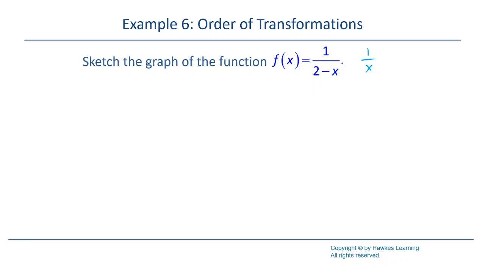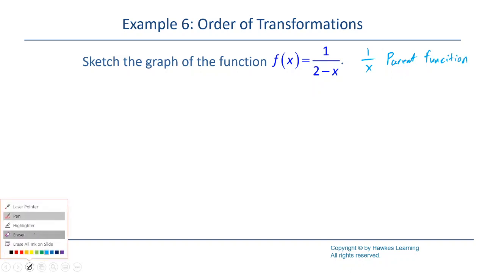Mostly because of the fact it's 2 minus x, not x minus 2. So this is one of those weird things that takes a little bit to get used to. So 1 over x is the parent function, so we have an idea of what it's supposed to look like.